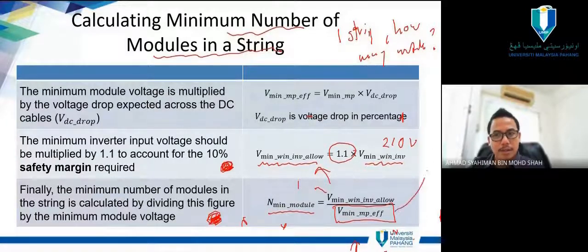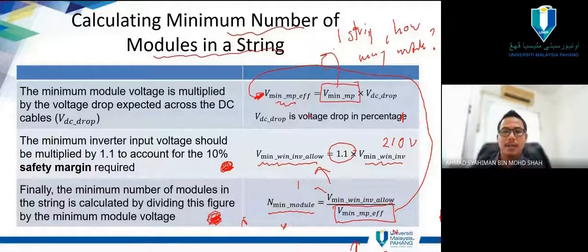Kita pusing, bawa saya patah balik ni ke atas. So ini minimum module voltage is multiplied by the voltage drop expected across the DC cables. Yang ini pula datang dari mana? Datang daripada Vmin MP. Vmin MP datang dari mana?